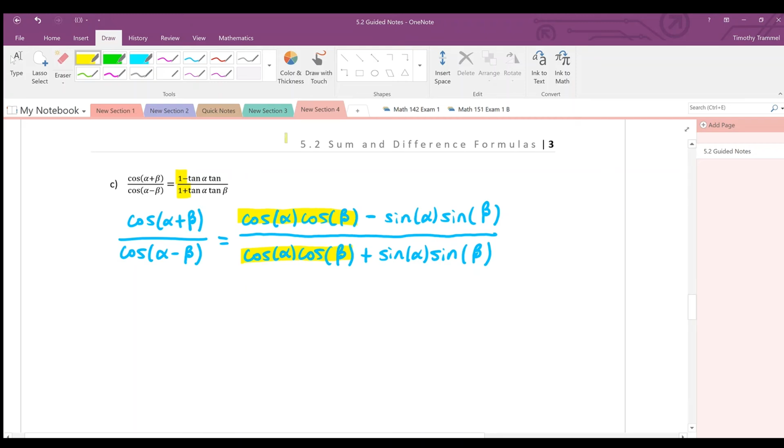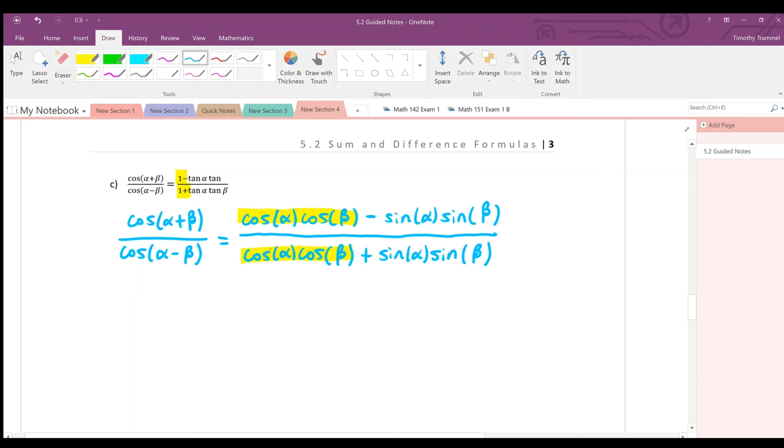The expression that we have here has a similar thing happening. It has this cosine alpha, cosine beta in the left, in the numerator and denominator. Well, why don't we just try to make this look like this as quickly as we can? Why don't we make this highlighted portion equal to 1?